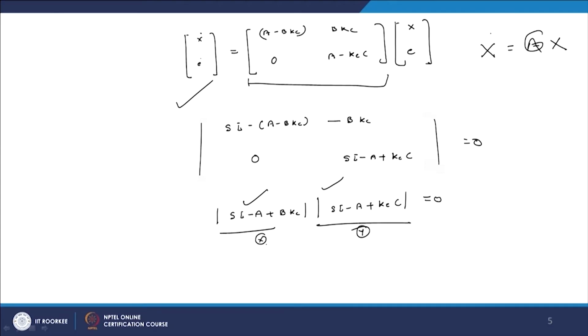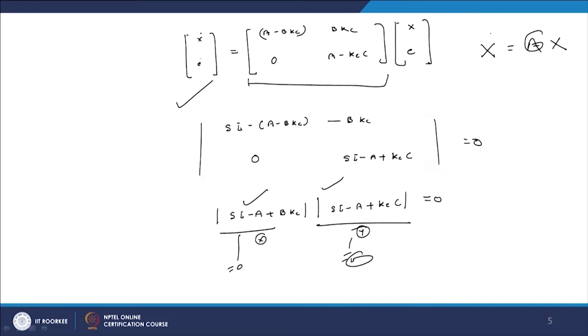The x part consists of the eigenvalues with respect to the controller Kc, and the y part consists of the observer gain Ke. The eigenvalues of the two are totally independent, that means this can be equal to 0 or this can be equal to 0. Both these equations individually are independent.